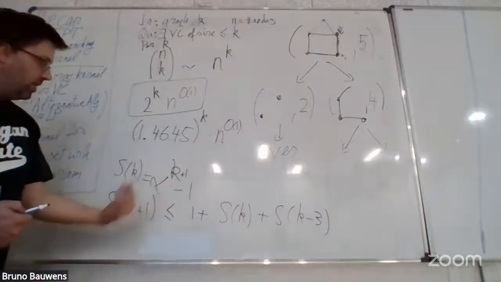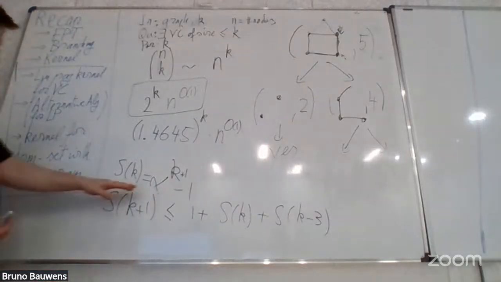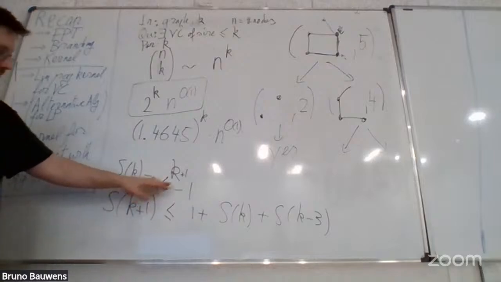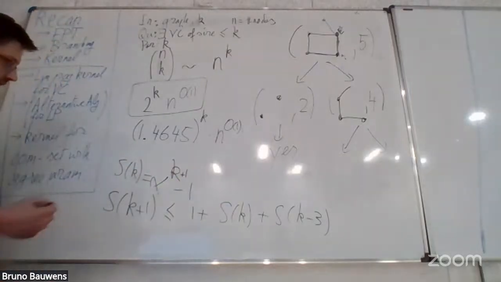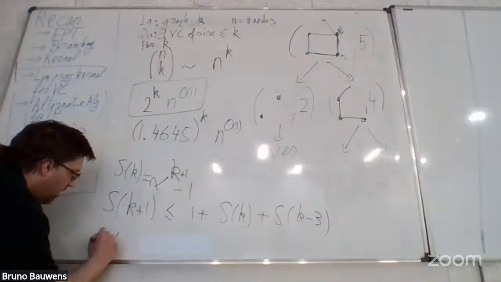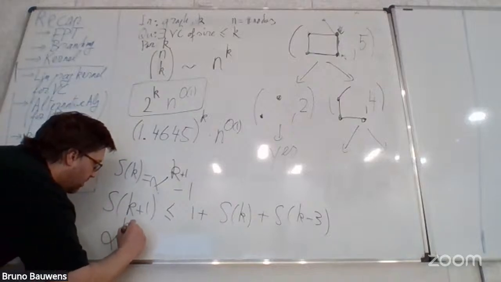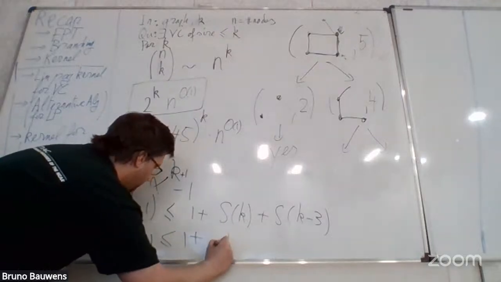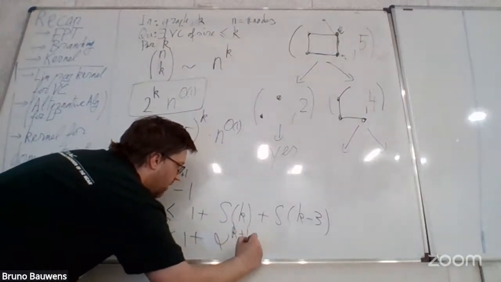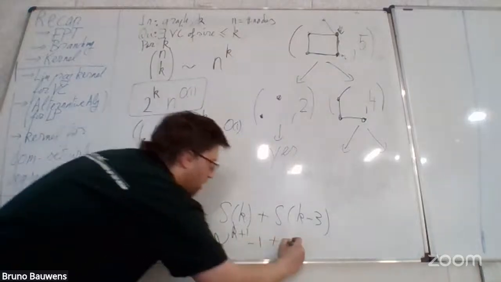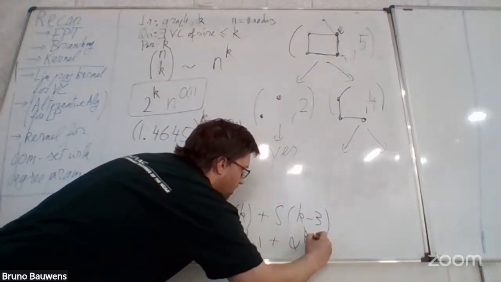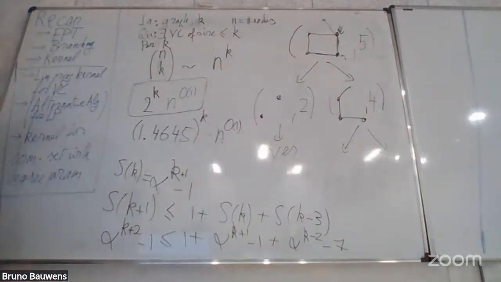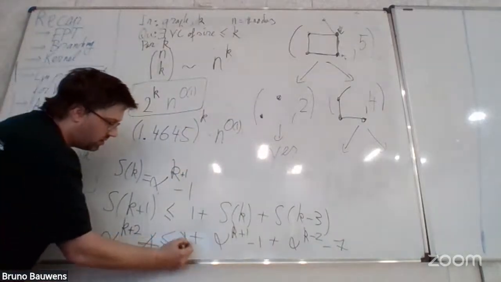Now let us plug in the solution. We want to know the best value of alpha that respects this equation. So we have alpha to the power k plus 2 minus 1 smaller than 1 plus alpha to the power k plus 1 minus 1 plus alpha to the power k minus 2 minus 1. And now all the minus 1s cancel.